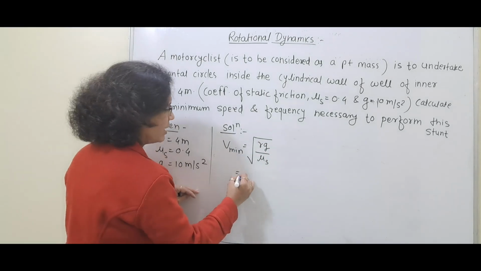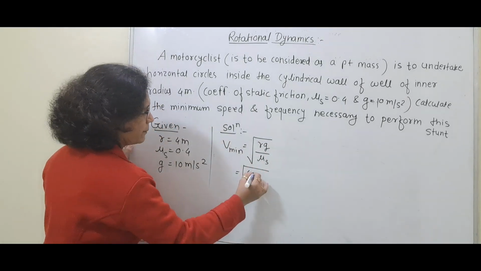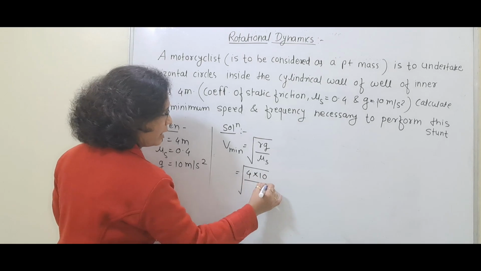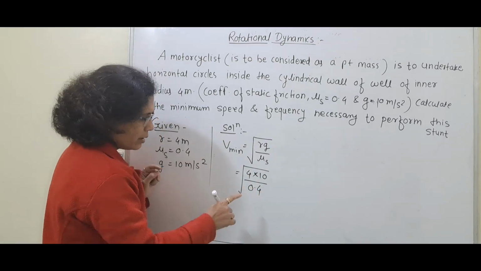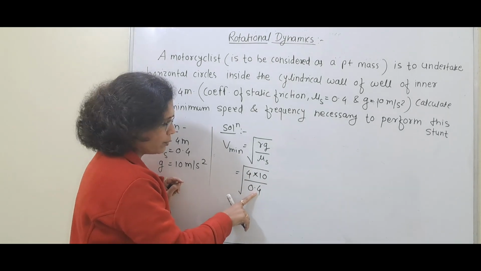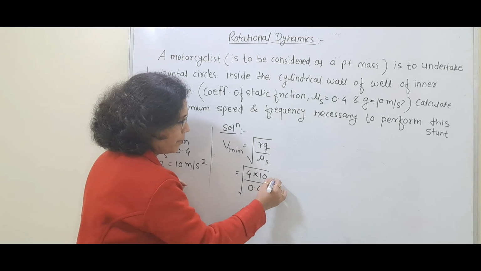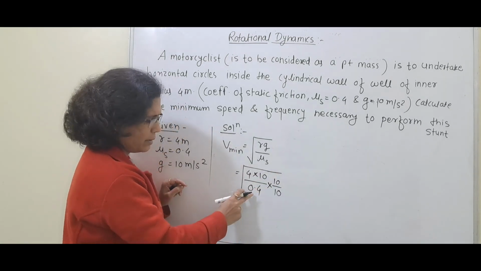So let's put the values. What is R? 4 meter, g is 10 and mu s is 0.4. Now this decimal point we can remove. How can we remove this decimal point? Multiply and divide by 10. So the decimal gets removed.